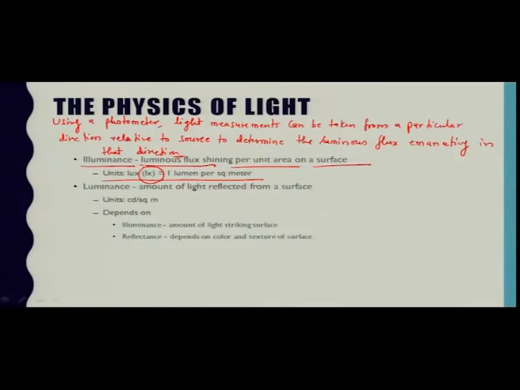Another term used in describing light is luminance. Luminance is defined as the amount of light reflected from a surface. Its unit is candela per square meter, and it depends on the illuminance, that is the amount of light striking the surface, and on reflectance, which depends on the color and texture of the surface.